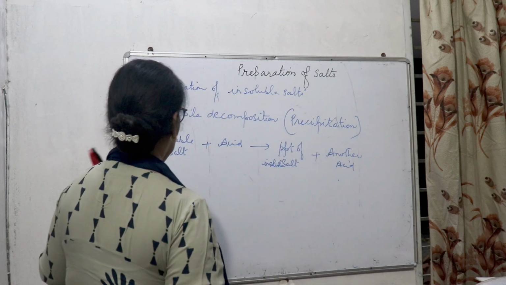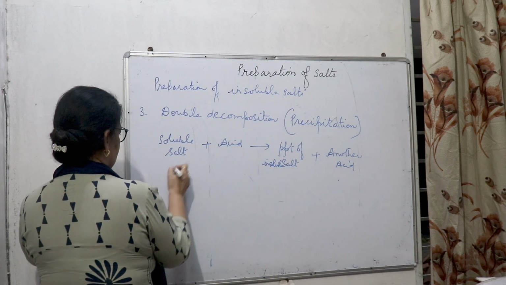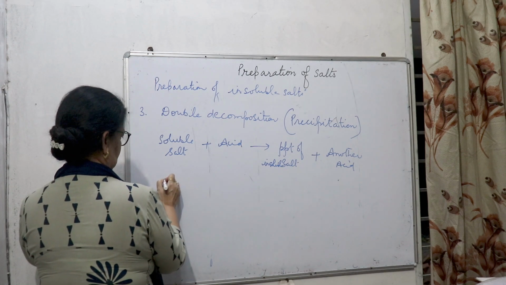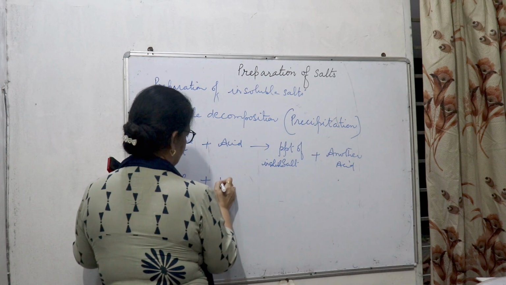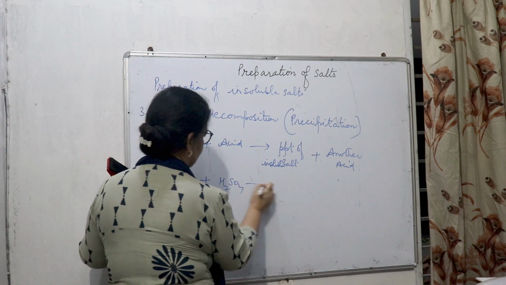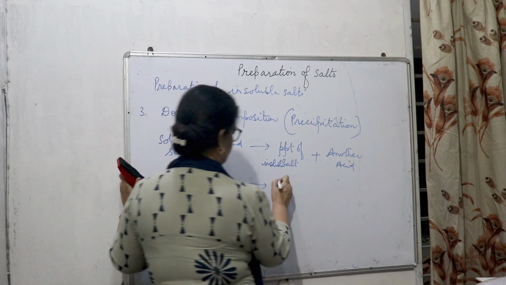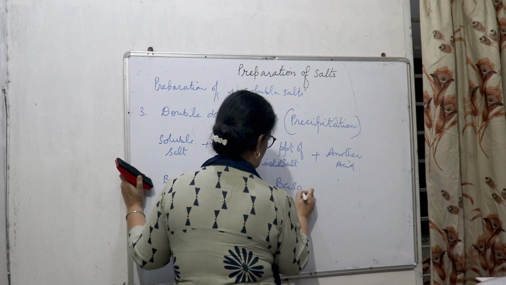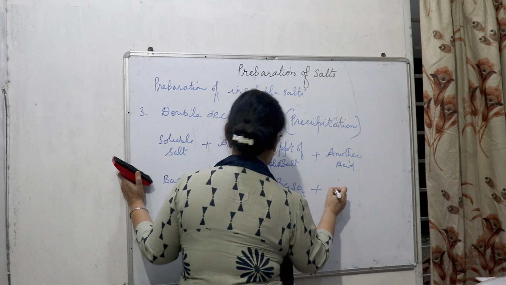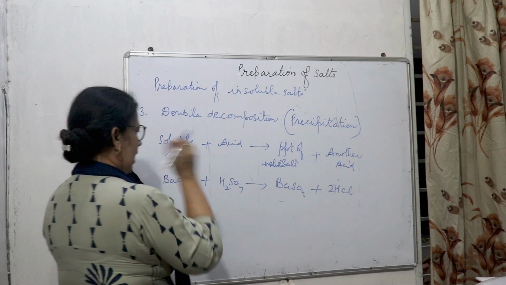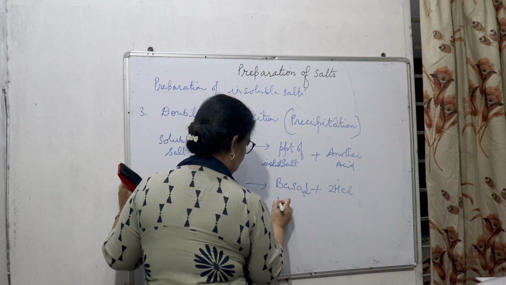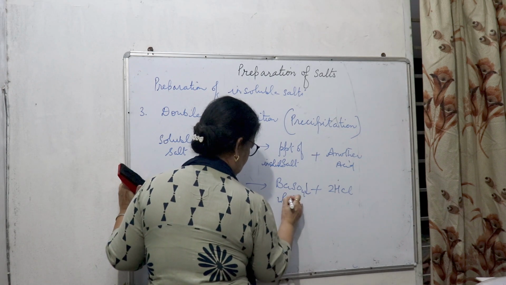How? Soluble salt, that is barium chloride, and when we put H2SO4, that is acid, into it, then it gives barium sulfate plus another acid, that is HCl, and this barium sulfate is a white PPT.